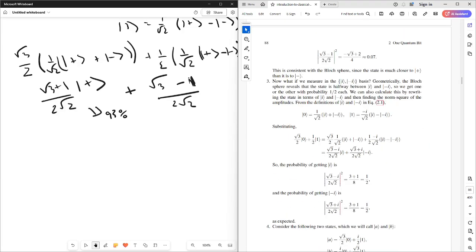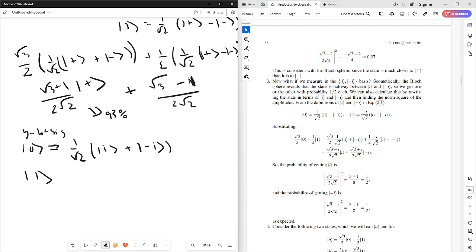All right, let's measure in the Y basis. 0 in the Y basis: 0 is 1 over square root of 2 times (0 in the Y basis is) negative i, and 1 is i over square root of 2 times i.